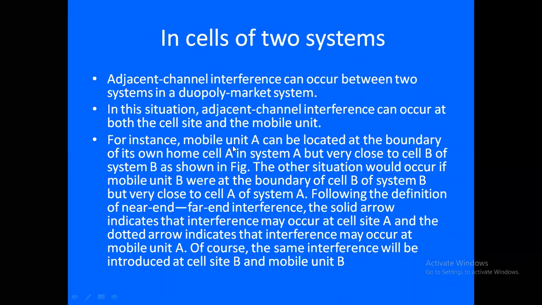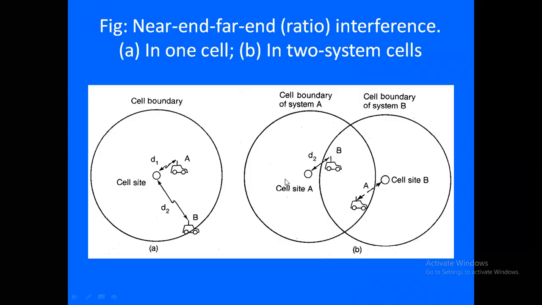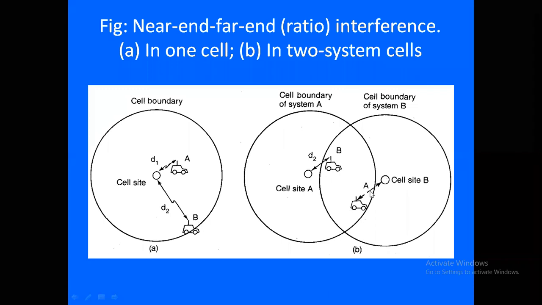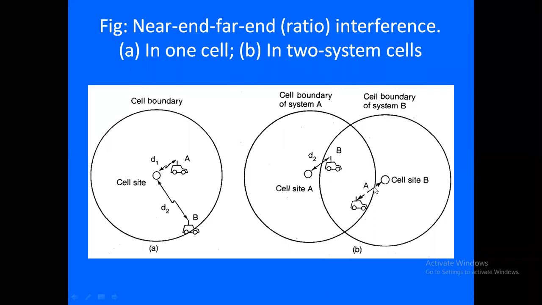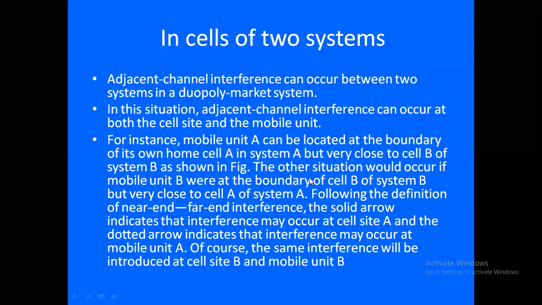For instance, mobile unit A can be located at the boundary of its own cell A in system A, but very close to cell B of system B. So A is on the verge of the boundary but close to system B. This will interfere with cell site B, and B will interfere with cell site A.